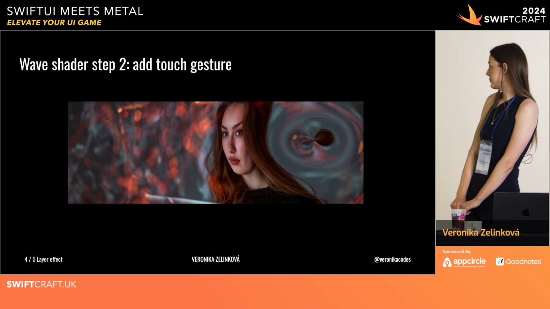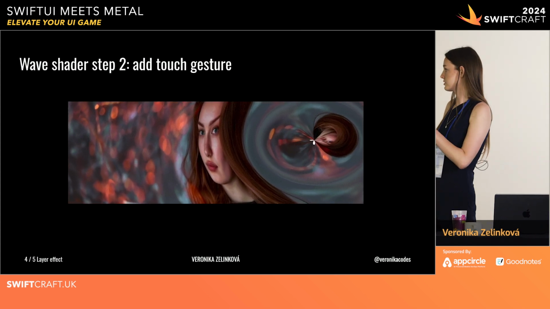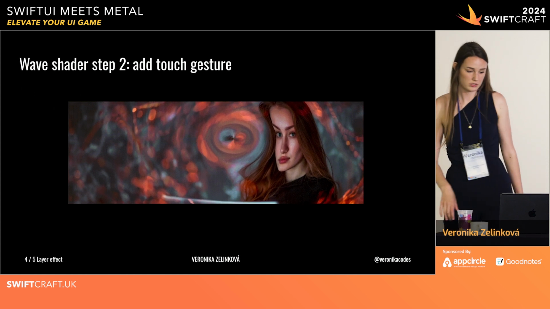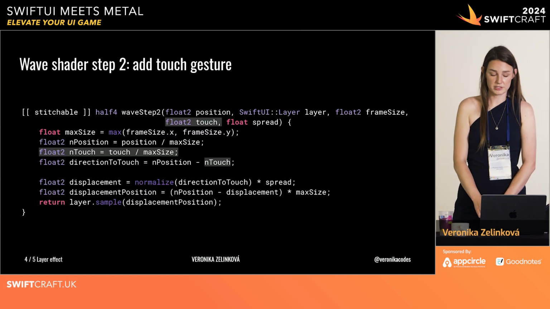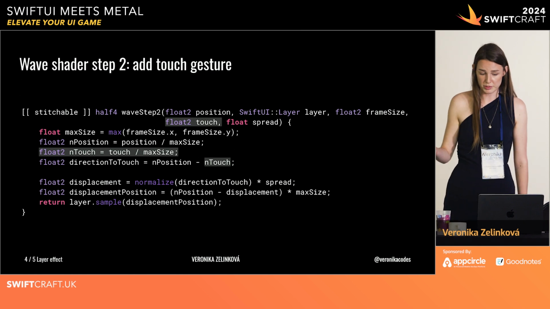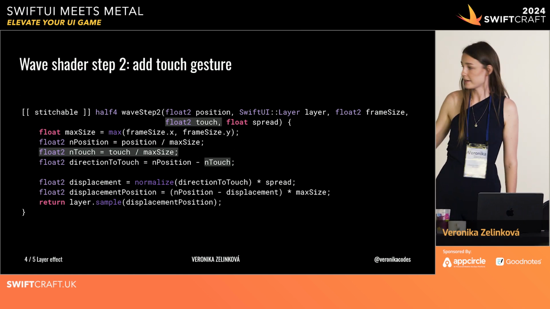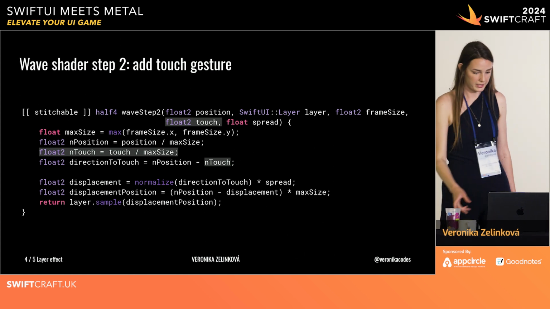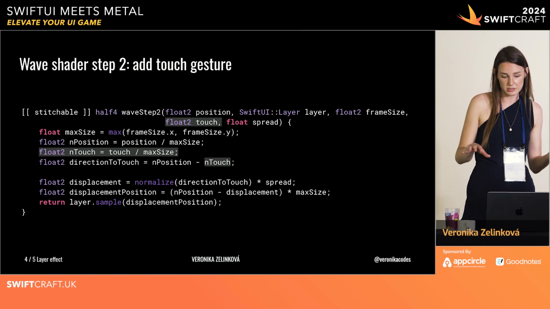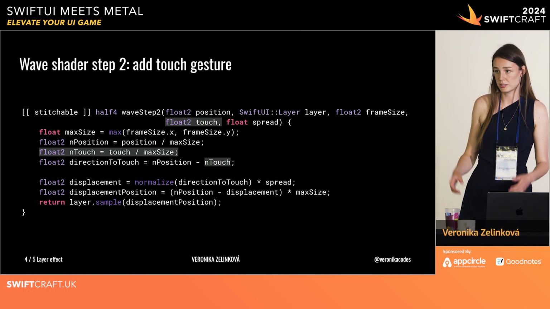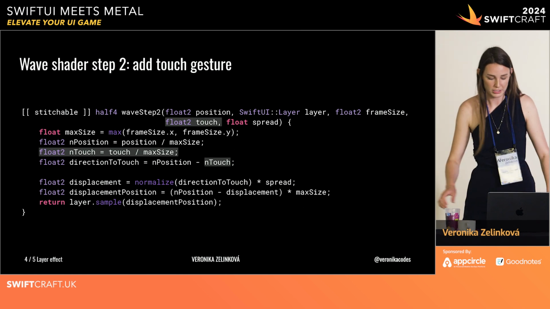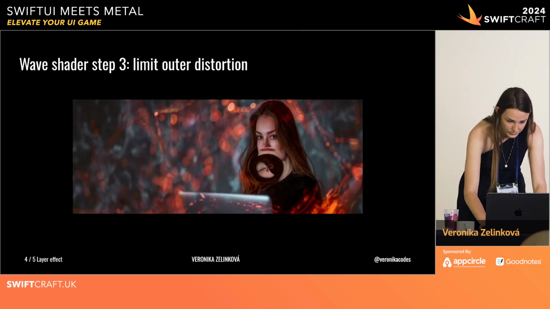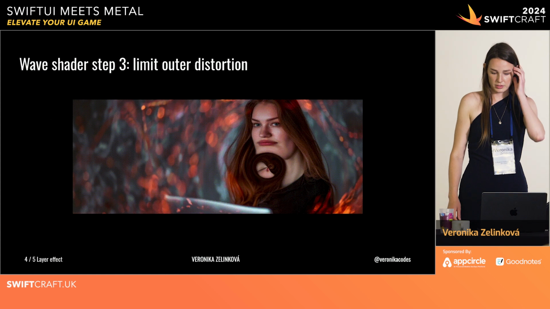The second step is to make the distortion start from the touch location, which we can easily do by removing the screen center and adding a touch position. Everywhere there was a screen center, we add the touch. With this, we already moved the distortion to the touch location, which was nice.